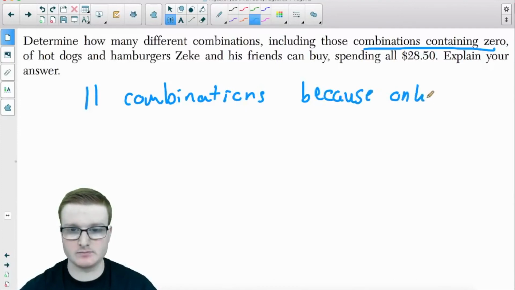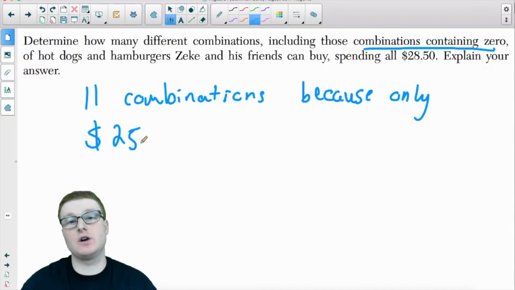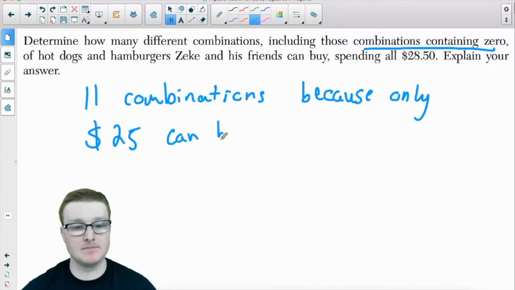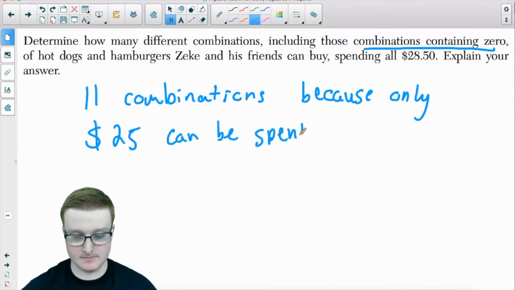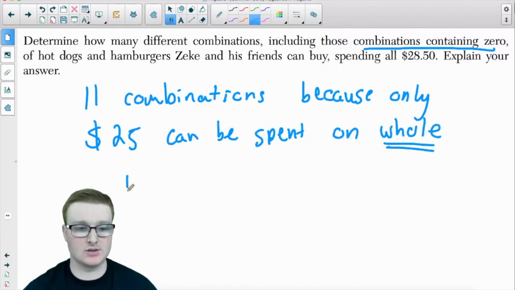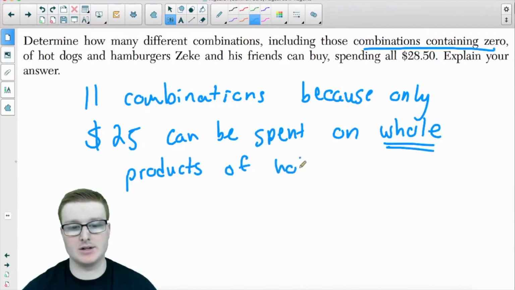Because only $25, which is the result from $28.50 minus the $3.50 spent on soda. So they could only spend $25 on food. So only $25 can be spent on, here's a key, whole products of hot dogs and hamburgers.